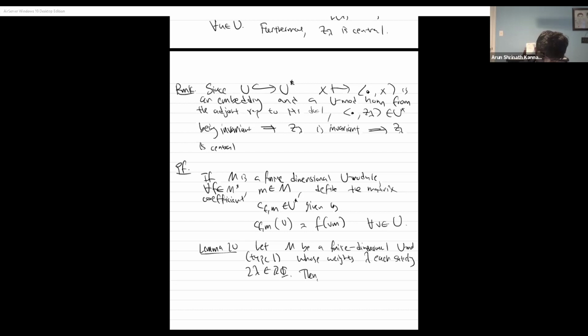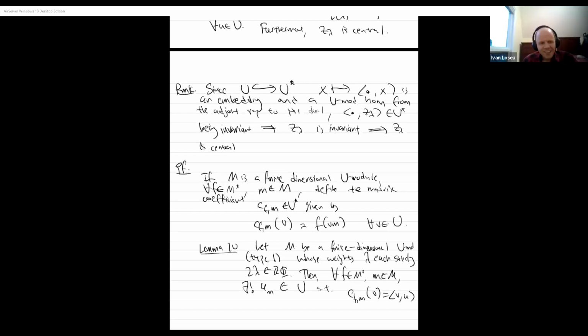Then for all F in M dual, m in M, there exists a unique u m in U such that C F m, the matrix coefficient of v, is actually just pairing with u m.